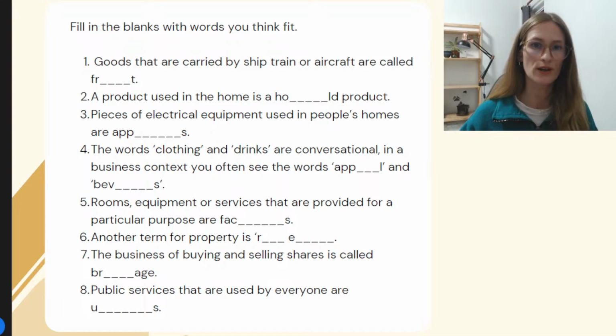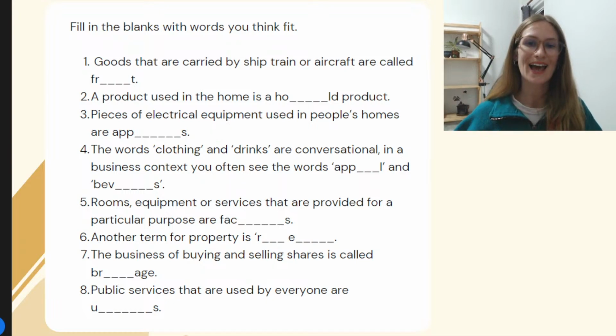Number two, a product used in the home is a something product, H-O, and it ends with L-D. So a product used in the home or a product sold for use in the home. And this would be if you were working in a business to customer situation or you work for a factory, manufacturing plant, and you sell these kinds of products.